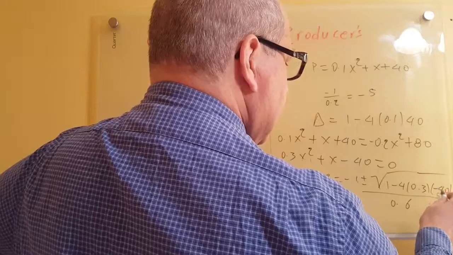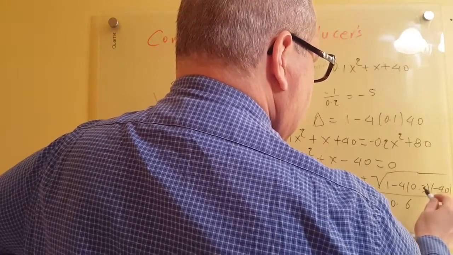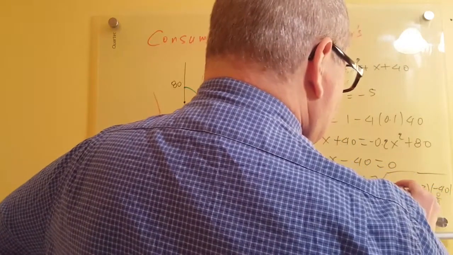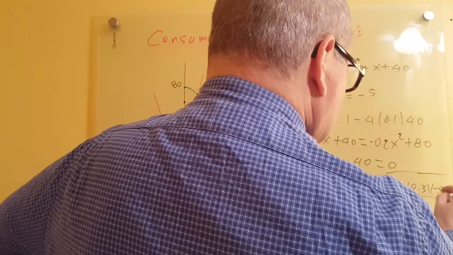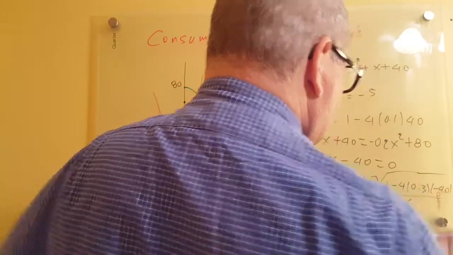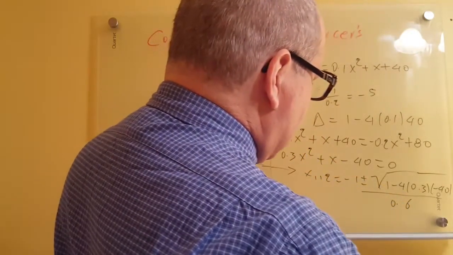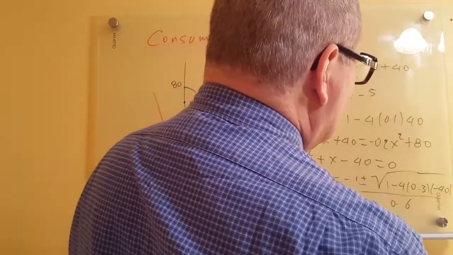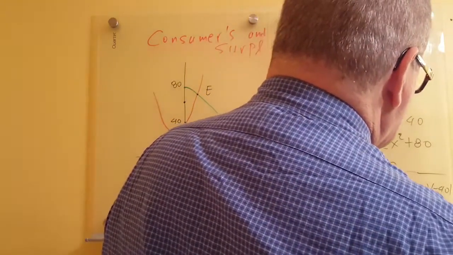So how much is this here? Negative times negative is positive, so that's 4 times 40 times 0.3.